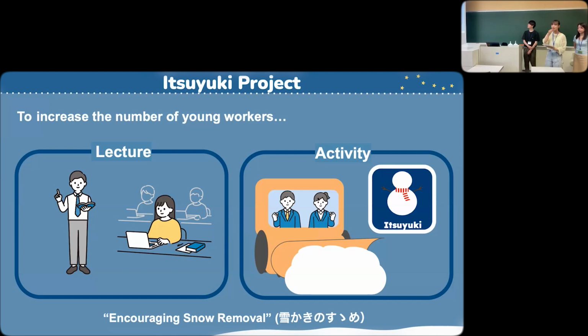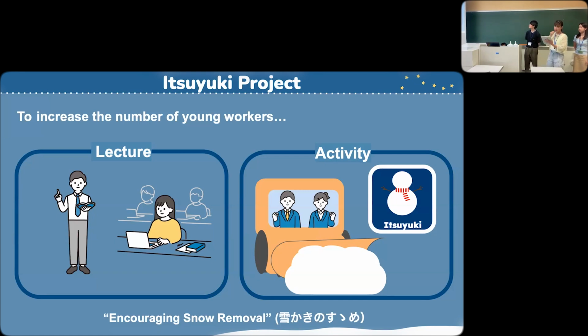In Japanese, Yukikaki no Susume. In this class, students will not only attend lectures on snow removal, but also participate in activities such as actually using the Itsuyuki application to experience part-time snow removal.